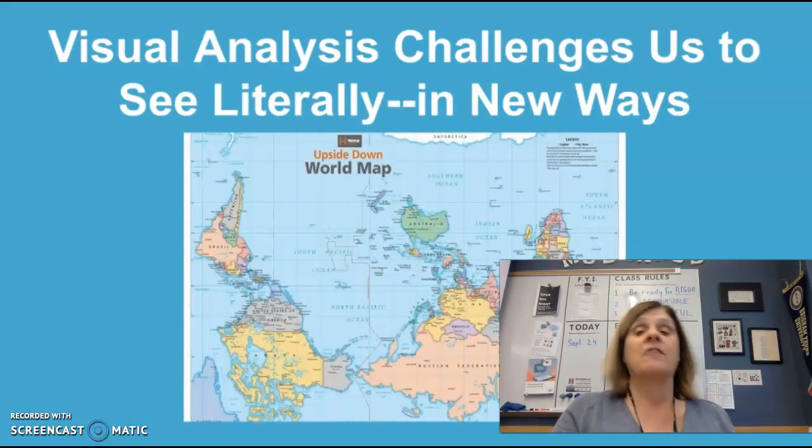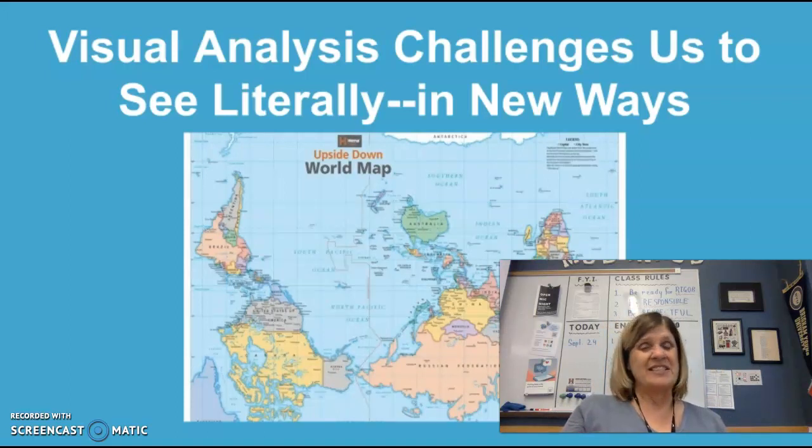Here's an example of how society teaches us to see things a certain way. So as we've read maps throughout our lives, we usually see it from the Mercator's way.